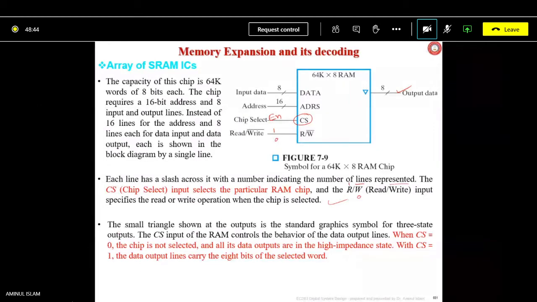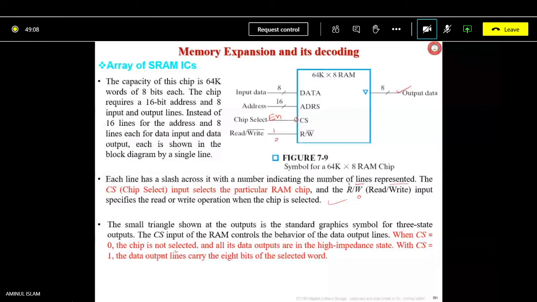Now let us read the last bullet. When chip select equals 0, the chip is not selected because it is having no bubble. If it is having a bubble, then it would be considered active low. It is now active high.